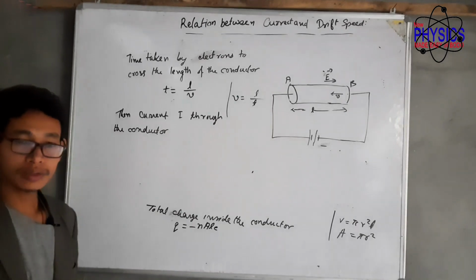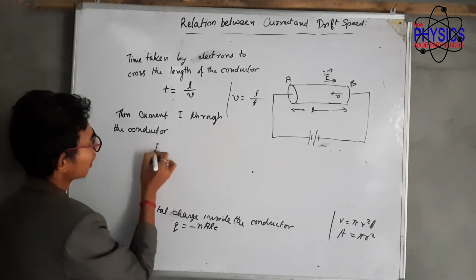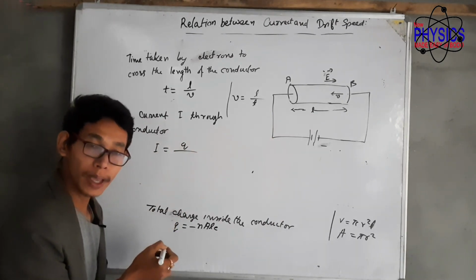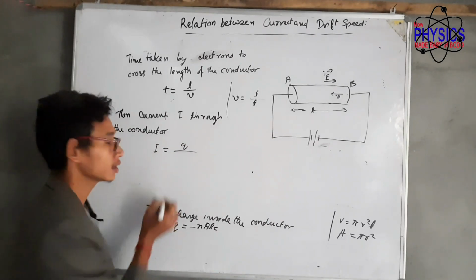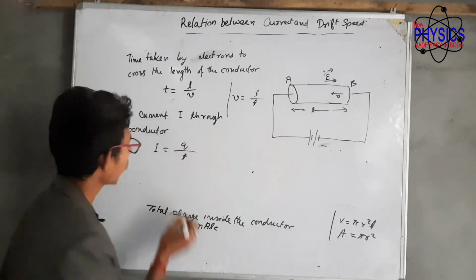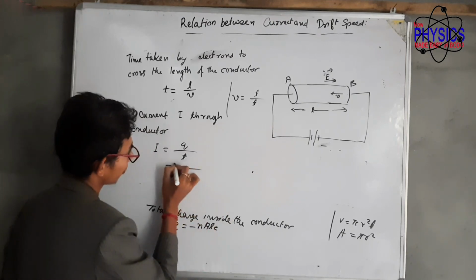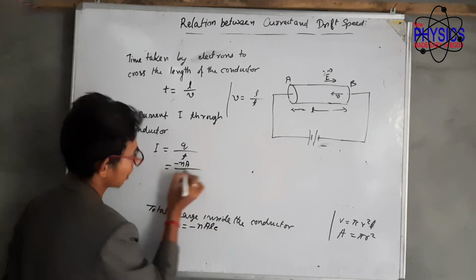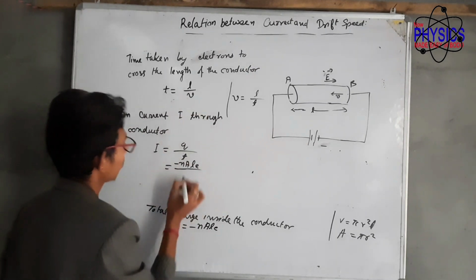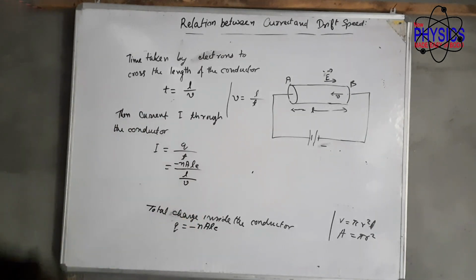Current through the conductor, I, equals Q by time. This is the rate of flow of charge. So what is Q? This one is Q, minus N A L e. What is the time? Time is L by v.